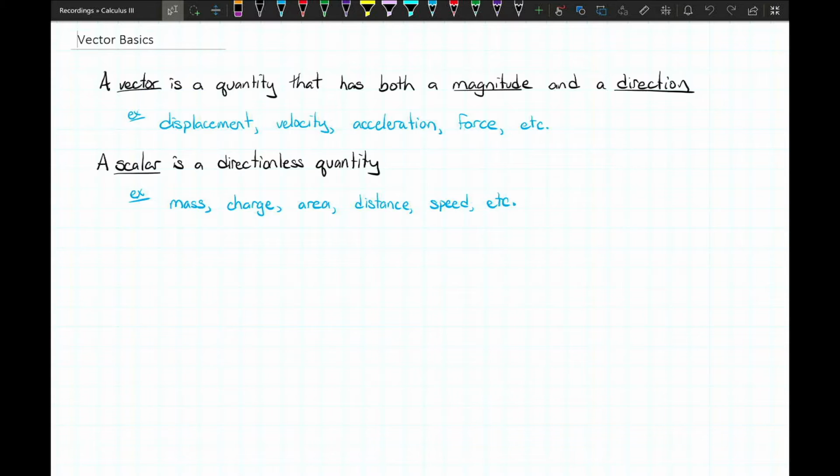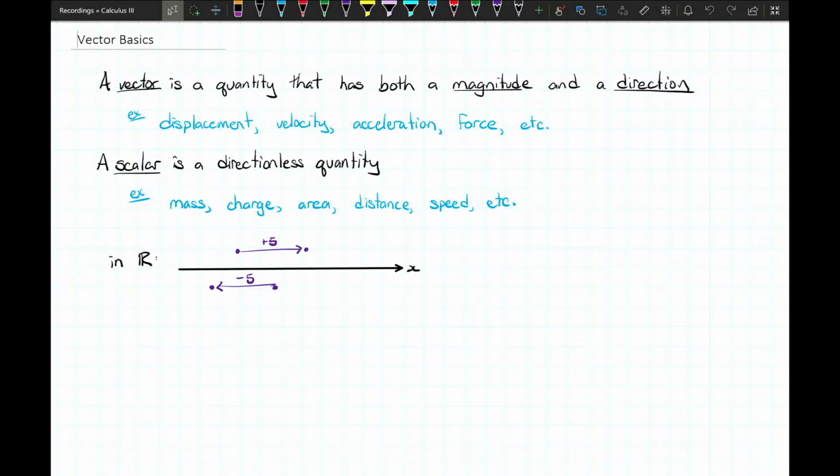Well, with that out of the way, let's take a look at vectors in 1 dimension first. Now, it's a bit of a silly example. In 1 dimension, we simply just have the real number line. So when we're talking about, let's say, a displacement of 5 units, there's only 2 directions we can look at. We could have a displacement of 5 units to the right, which would be plus 5, or we could have a displacement of 5 units to the left, which would be negative 5.